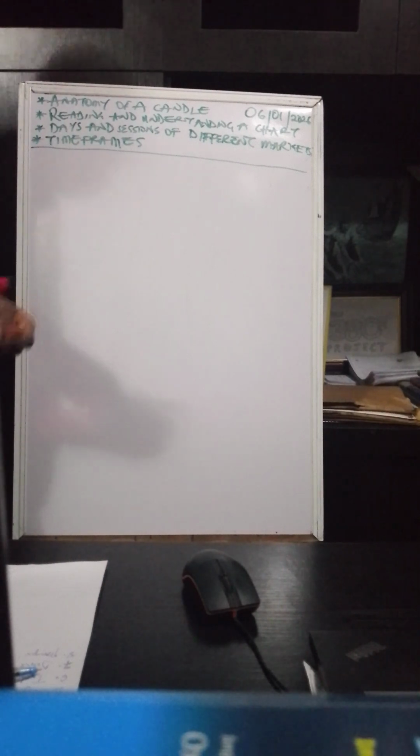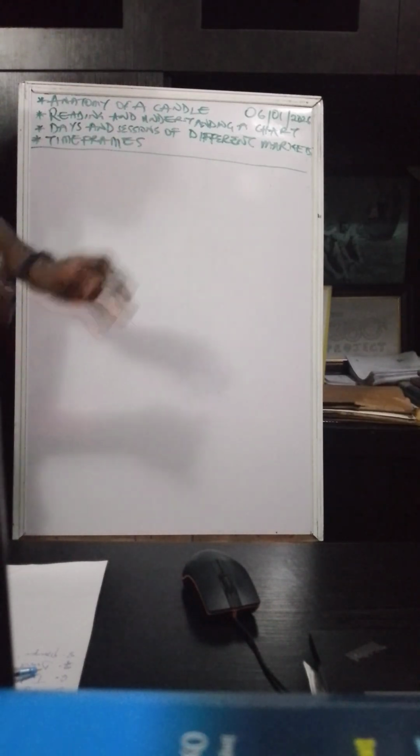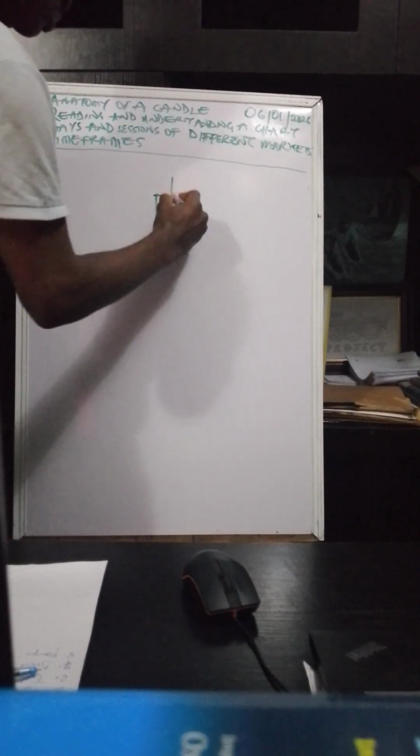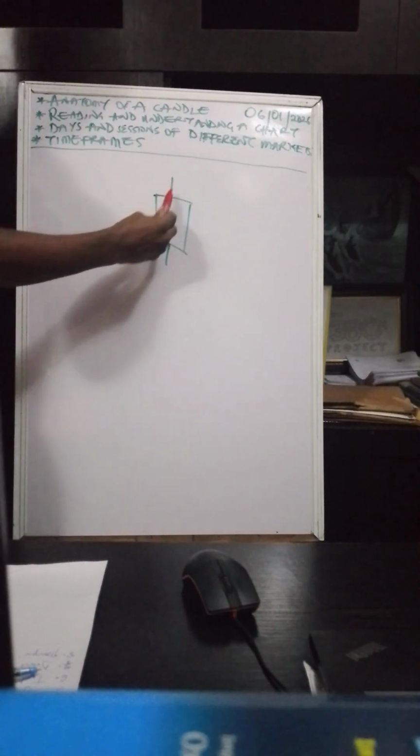Now we can say that, as we have said, the body is the colored middle part. It represents the distance between the open and the close. The wicks are thin lines at the top and the bottom. If this is a bullish candle, the wick is where price has gotten to, but did not close there.